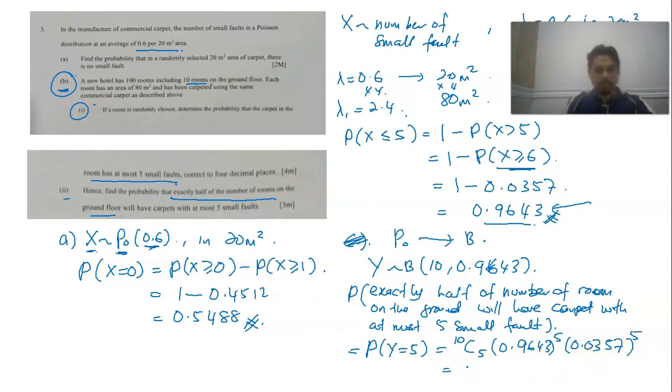You may use a calculator and find the answer. This gives you 0.0000, how many zeros do you have? 1, 2, 3, 4.